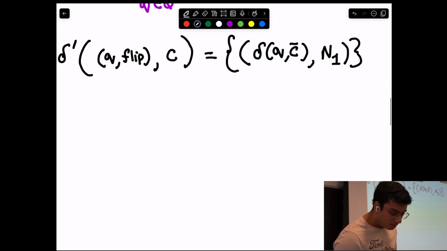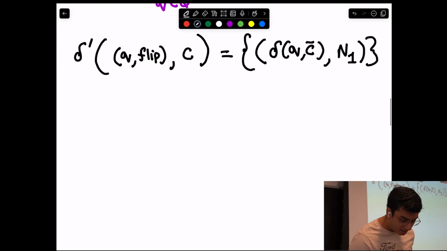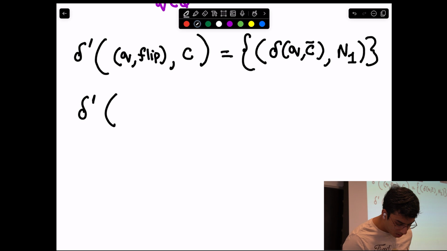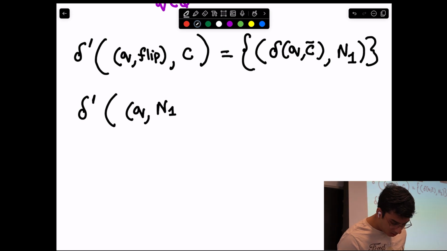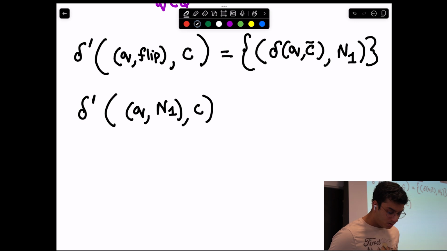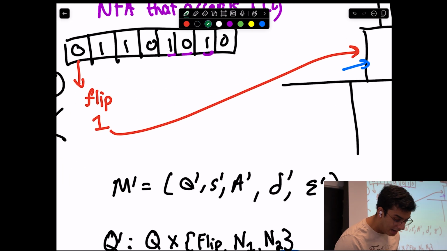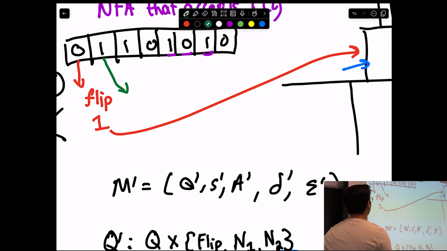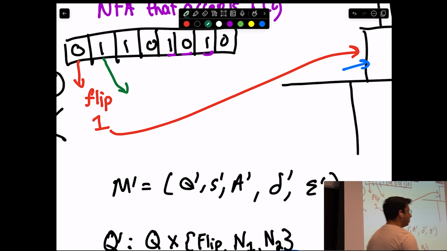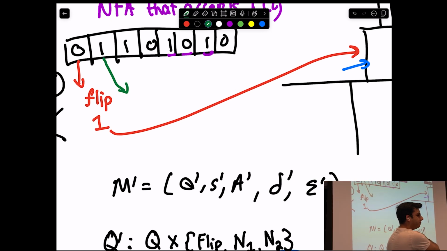Now, if I'm in some state now, so going back to this diagram, I flipped the 1 and I've passed it in. Now I'm here. Okay, I read in a 1 as input. This is not a bit I need to flip.